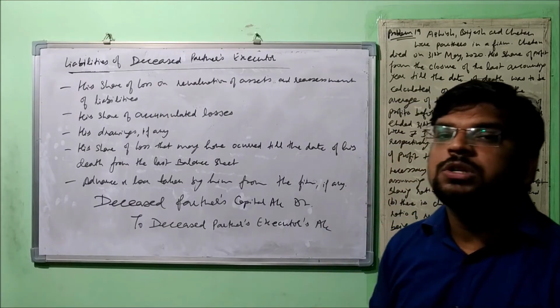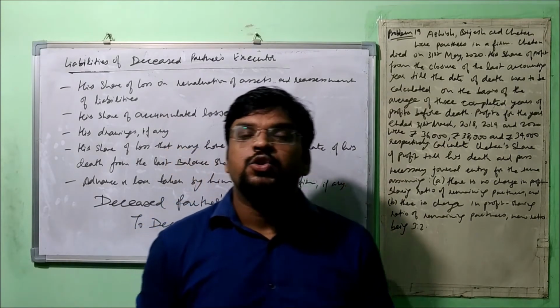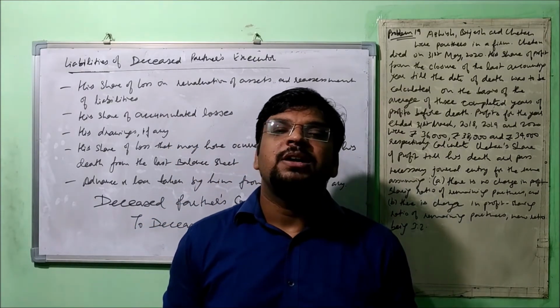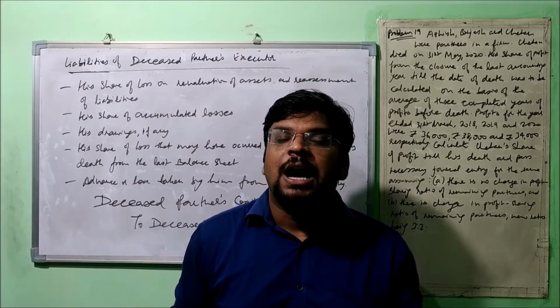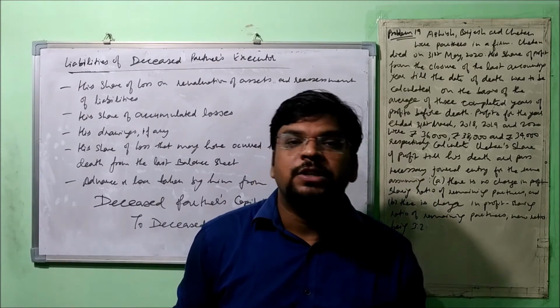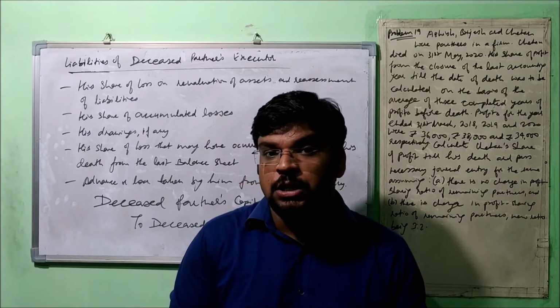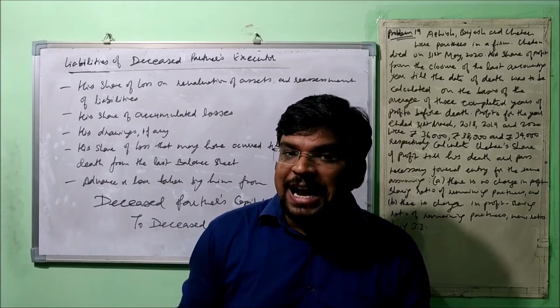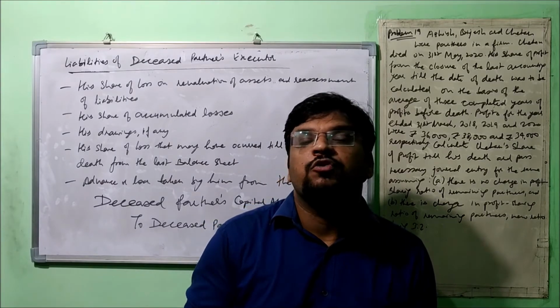Now let's talk in detail about the profit. Like I told you, the partner may die at any time. The last balance sheet was prepared, and after 2 months, after 15 days, or after 3 months, the partner died. For that period also, we need to calculate his share of profit.